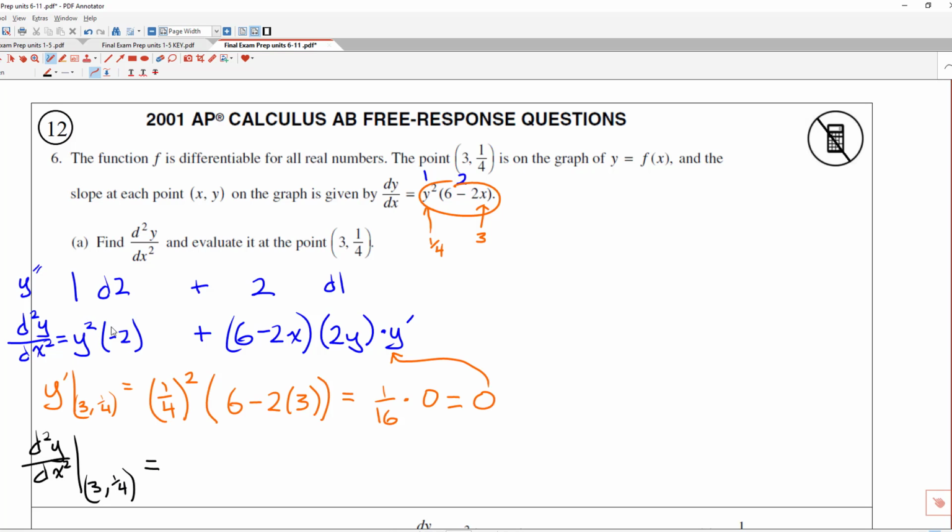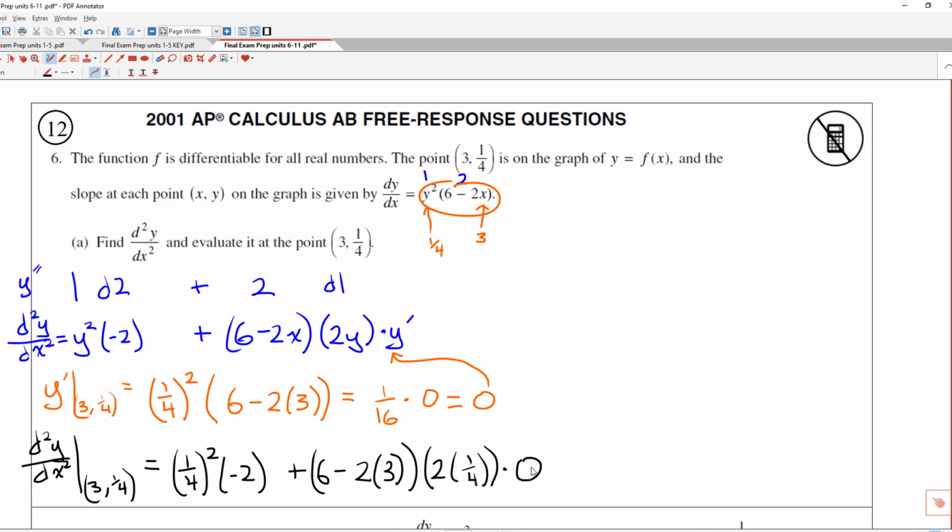So I'm rewriting the blue, essentially. y squared is going to be (1/4) squared, times negative 2, plus (6 minus 2 times 3), plugging in 3 for x, all in parentheses, times 2y, so 2 times 1/4, and then that's all times y prime, which is 0.